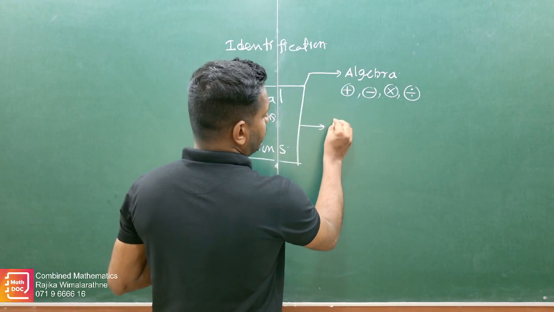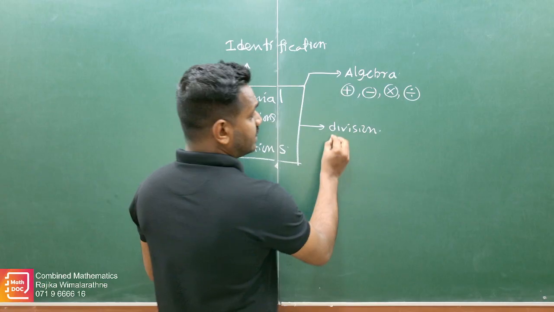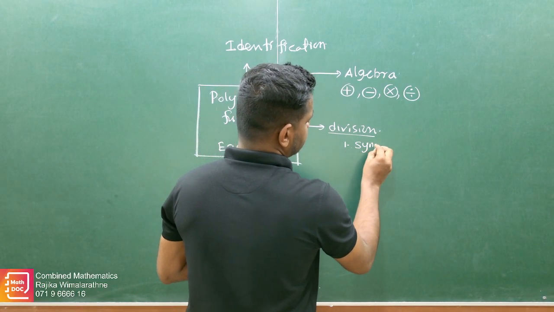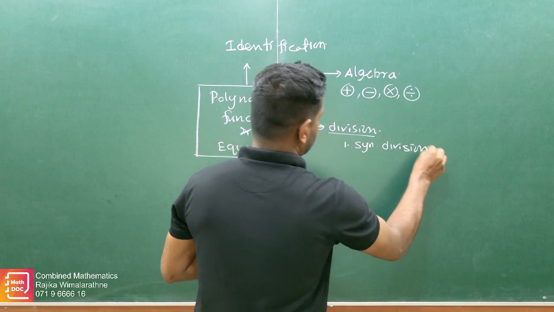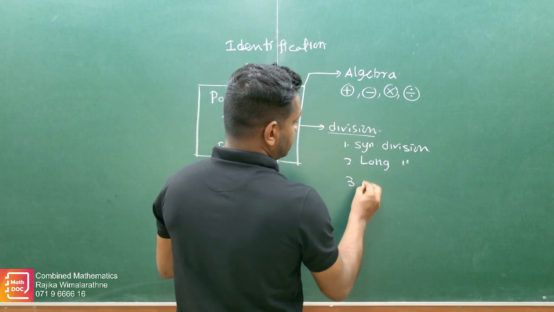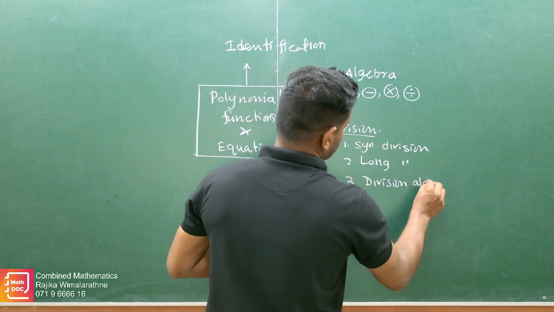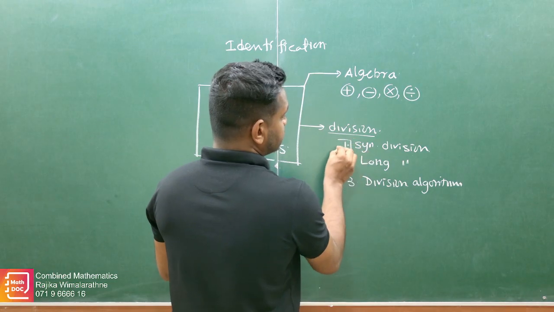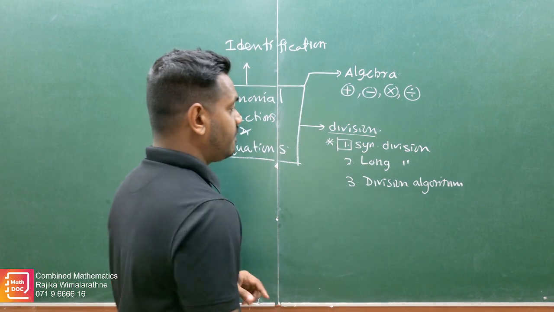Here division is very important. Under division, we discuss synthetic division, long division, and third, the division algorithm. The synthetic division part is not in the syllabus, but it is better to analyze it. That is division.